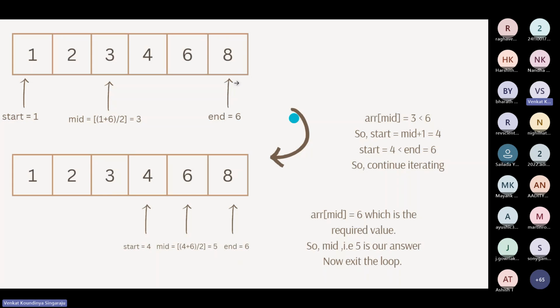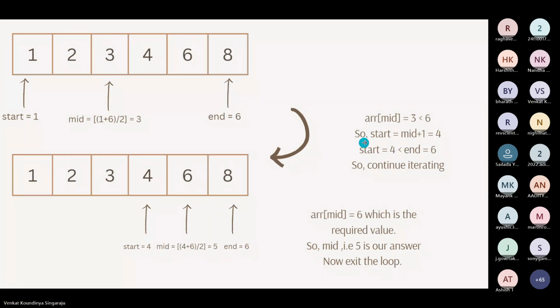Let us understand this further. This is the array that we have seen previously. Initially start is 1 and end is 6. Start is the index of the first element, 1, and end is the index of the last element, which is 6. Mid is the average of start and end, so (1 + 6) / 2 is 3.5, and if we apply the greatest integer function on it, we get 3. Now array[mid], the value of the array at index 3, which is 3, is less than 6.